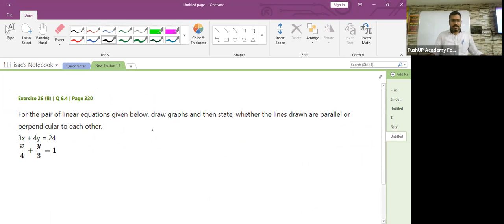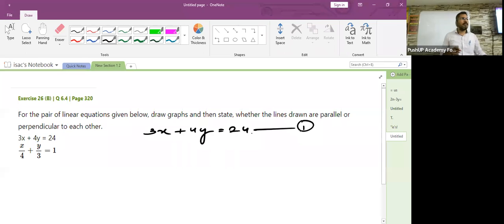The new equations are 3x plus 4y is equal to 24. This is the first equation. Let's try to simplify it. So we will try to express this equation as y in terms of x. How do we do that? 4y is equal to 24 minus 3x.